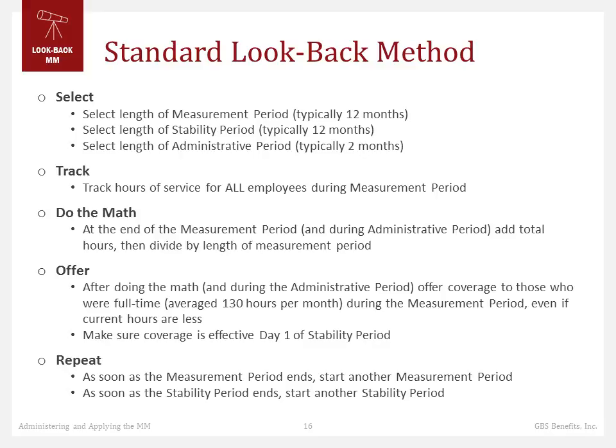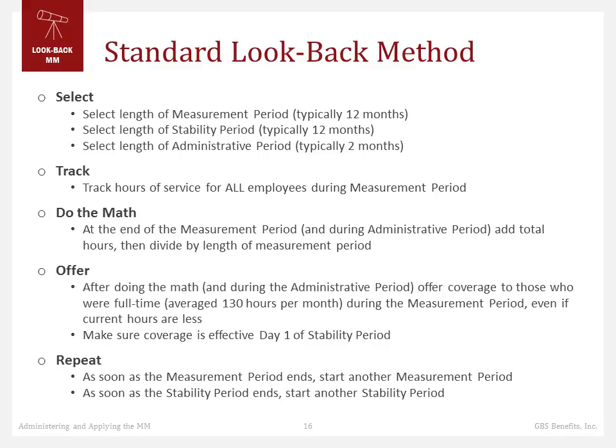You're going to select the length of your stability period, which is typically 12 months. I say typically because almost everybody that I work with has selected 12 months, which is wise. And select the length of your administrative period, which is typically 2 months. It can be 1 month if you'd like it to be, but the most common, and the one that gives you a little bit more time to do your administrative work, is 2 months.